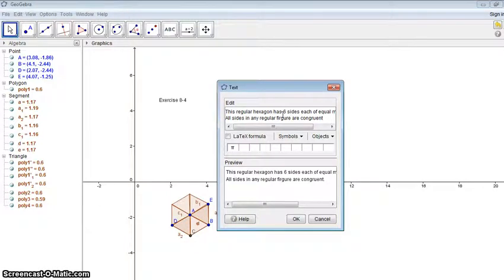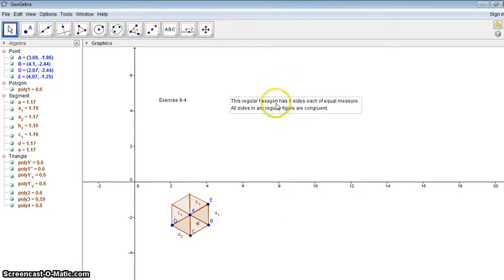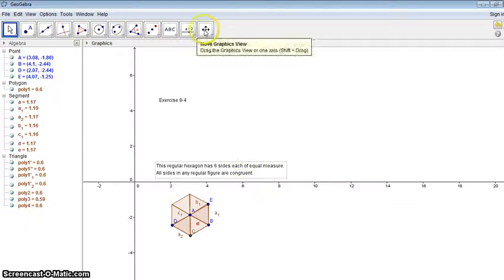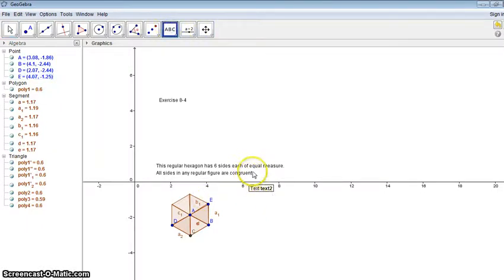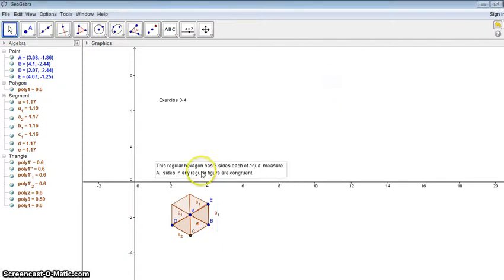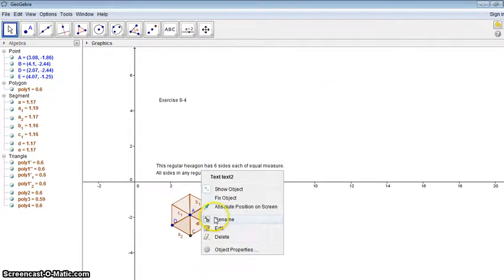And that's really important. All sides in any regular figure are congruent. This regular hexagon has 6 sides, each of equal measure. All sides of any regular figure are congruent. Those are words I'd like you to pay attention to. Those are words you certainly will need to understand for the Unit 8 assessment.